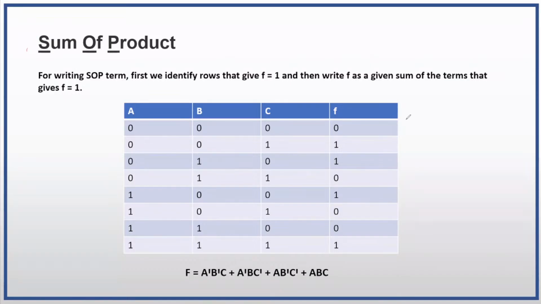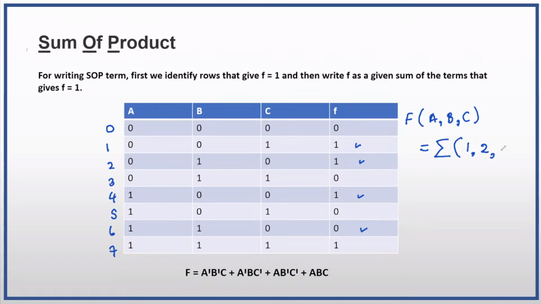So here, to write the sum of product or sum of min terms, you have to get the sigma and select the true values. The true values are at 1, 2, 4, and 6.